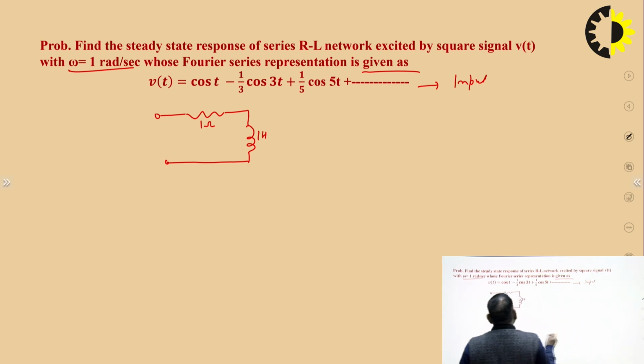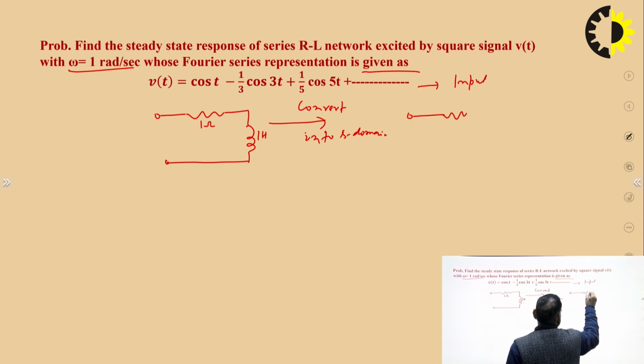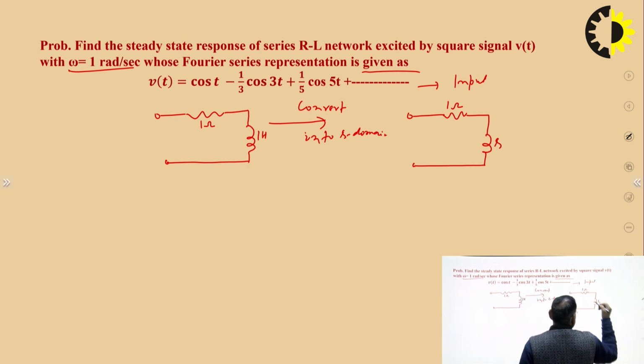So what we have to do? We have to convert into the S domain. R is independent of frequency, so it will be 1 ohm, and this is XL, so it is SL.